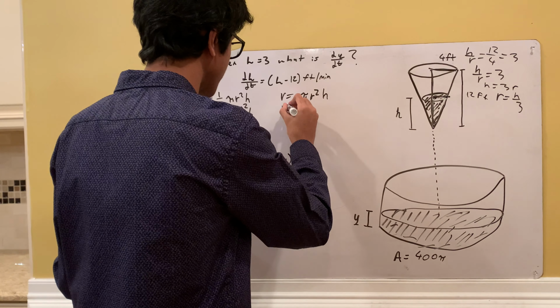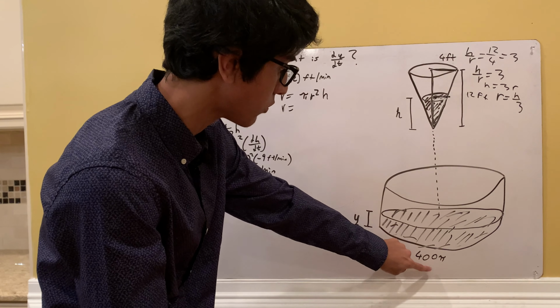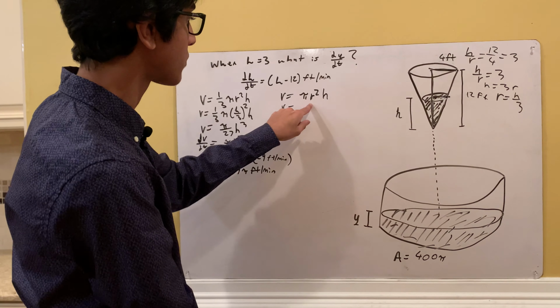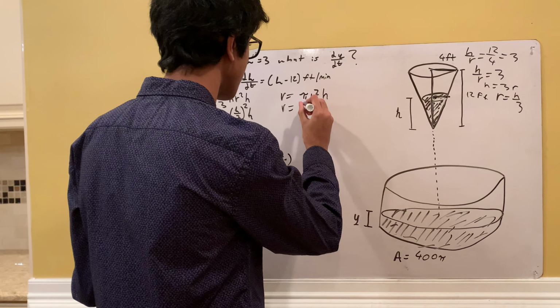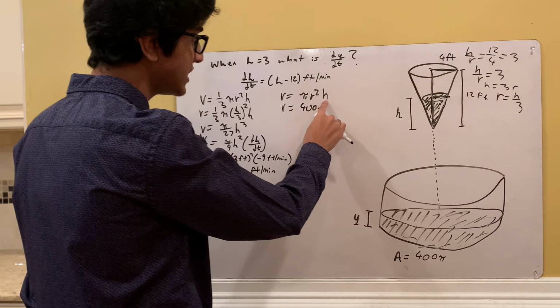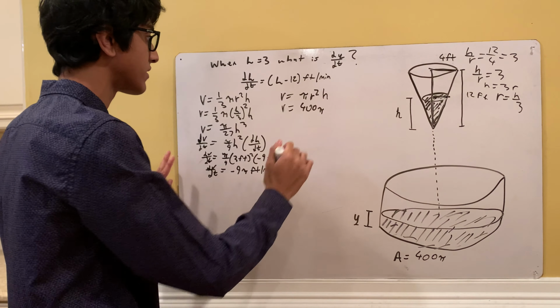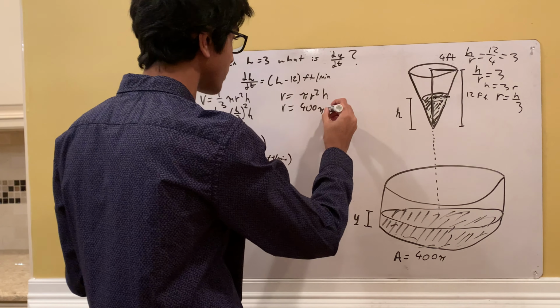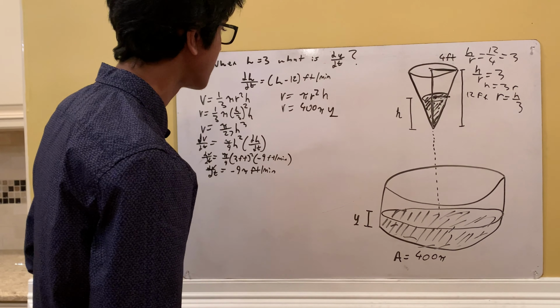So the area of this base is equal to 400 pi, and pi r squared is the area of the base, so we can just plug in 400 pi right over here. And the h in this one is given by y, so to keep things clear and organized, let's replace this with y, because that's what the problem told us to do.